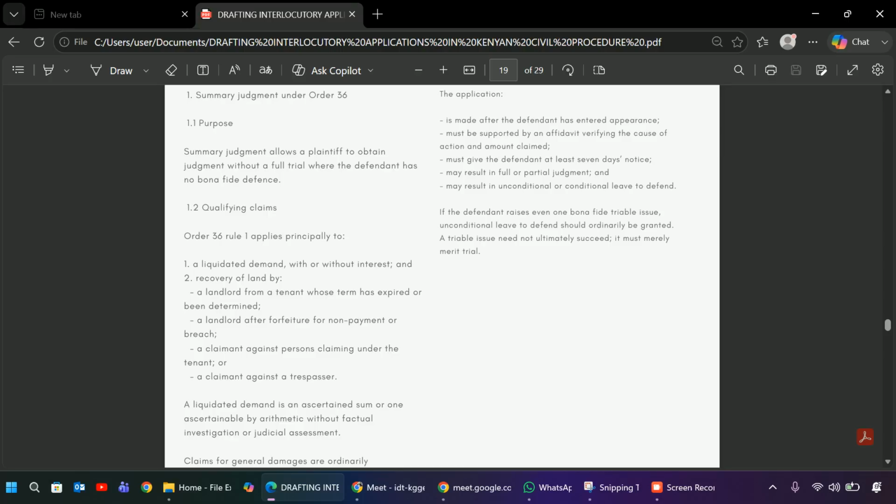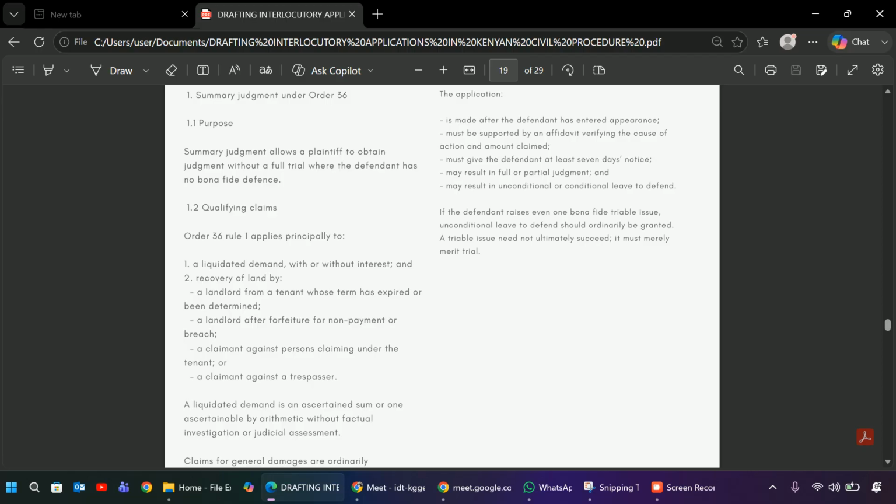Here now be keen. 1. Where a landlord from a tenant whose term has expired or been determined. 2. A landlord after forfeiture for non-payment or breach. 3. A claimant against person claiming under the tenant or a claimant against a trespasser.